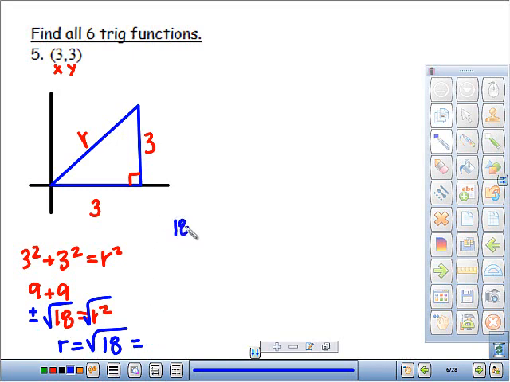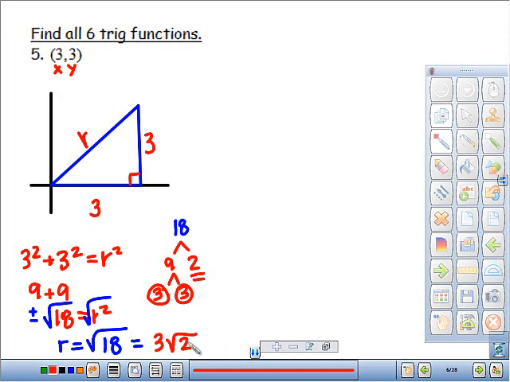So here, think about 18. 18 has factors of 9 and 2. 2 is prime, it stops. 9 can keep going to 3 and 3. Okay, so when you have a pair, it can come outside, but 2 doesn't have a pair, so it has to stay inside. So 3 square root of 2.